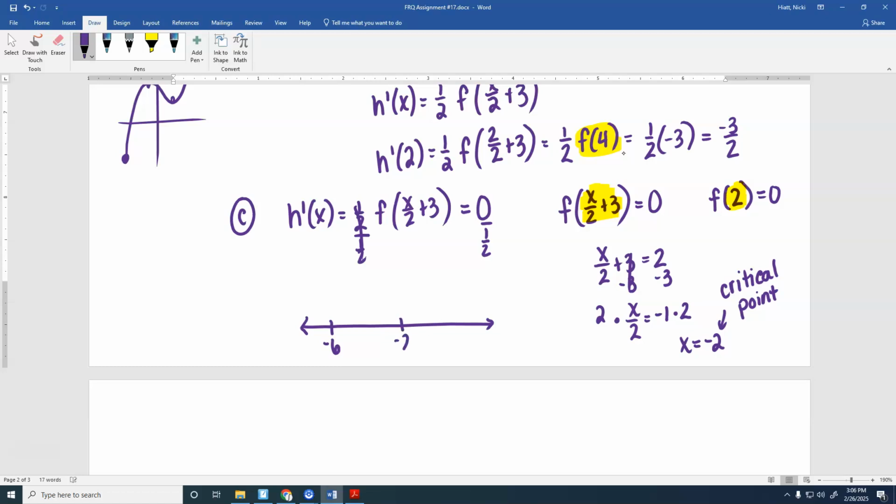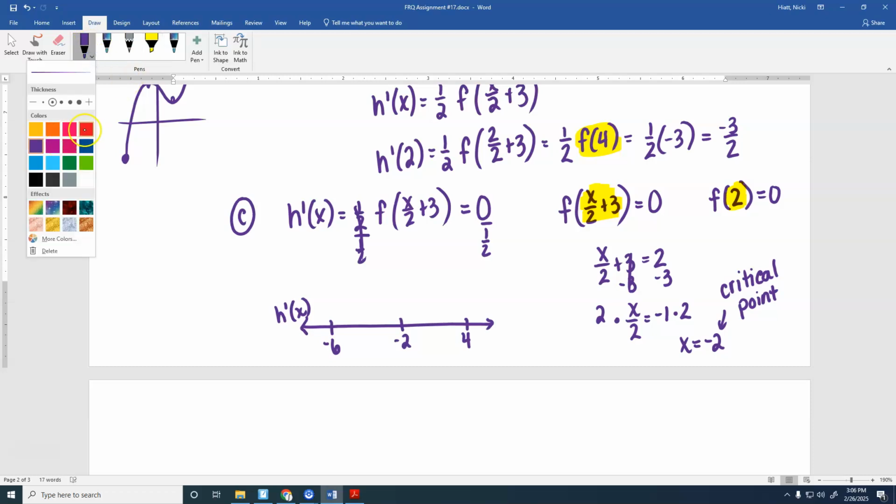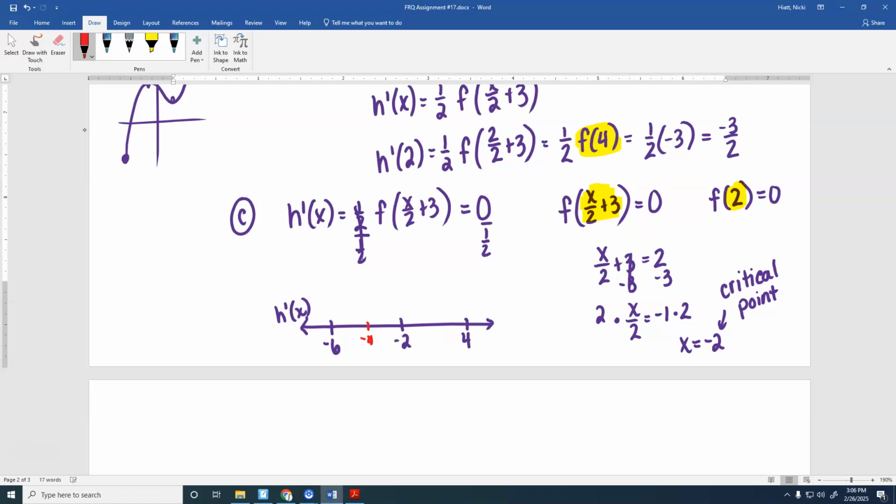I'm going to put negative 2 in the middle because it's our critical point, and 4 as our upper limit. We're thinking about h prime of x, so let's plug a number into our derivative. Let's just pick negative 4 because it's right there in the middle.